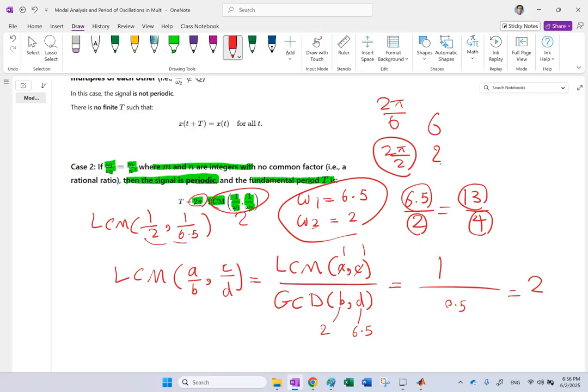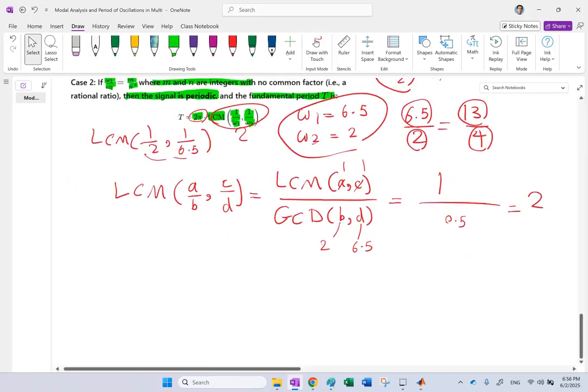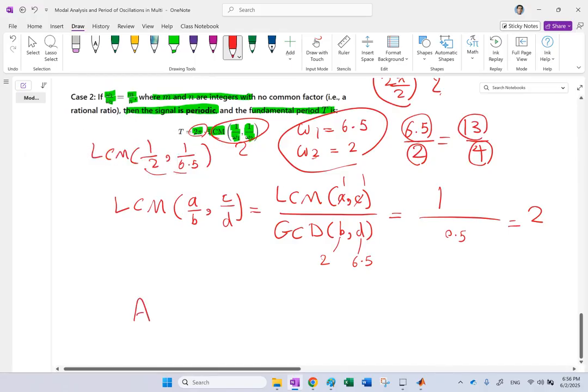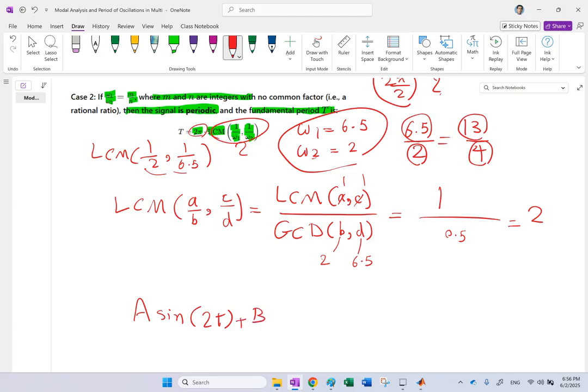Okay, so for that signal, if the signal is like this, A times sine of 2t plus B times sine of 6.5t, if that is your signal, then the fundamental period is going to be 4 pi.